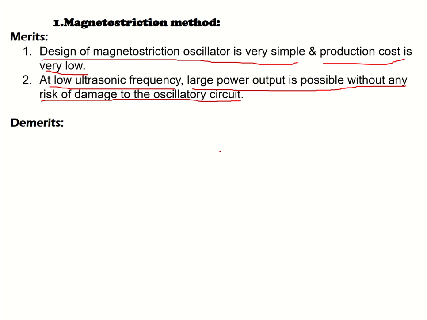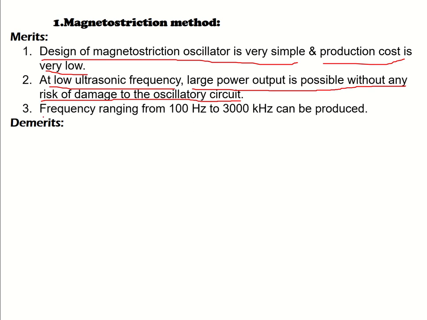The third merit is frequency ranging from 100 Hz to 3000 kilohertz can be produced using the magnetostriction method. These are the three merits of magnetostriction devices.